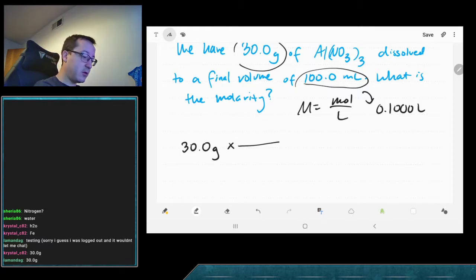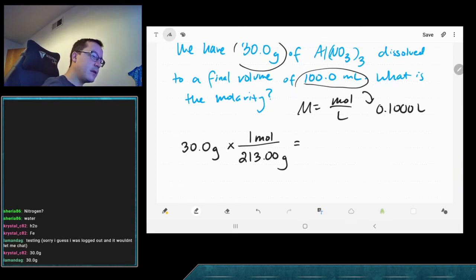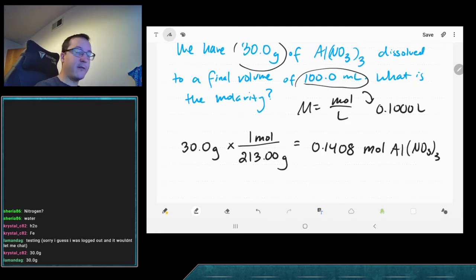That's going to be 213. So that's 30 divided by 213. Oops. Apparently I need to put numlock on. So that tells us we have 0.1408 moles of aluminum nitrate.